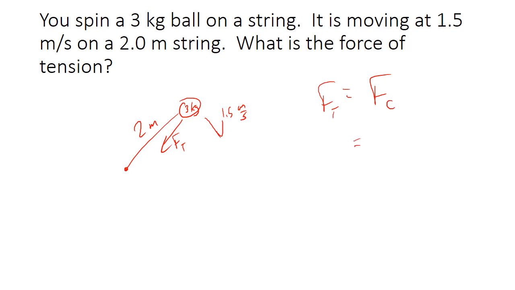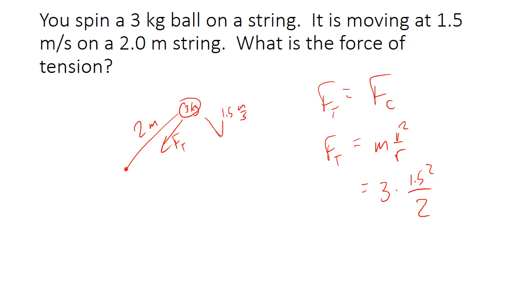Now we have a formula for force centripetal. Force of centripetal is mass times acceleration. Acceleration is v squared over r. So that's going to equal your force, we'll say tension. We know the mass, the mass is 3. We know the velocity, the velocity is 1.5. It's going to be squared. We're going to divide by 2.